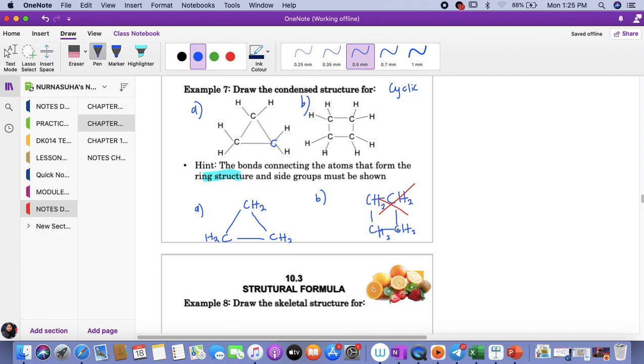Nampak tak? Hidrogen dengan carbon. So, sebenarnya this bond is between this carbon and this carbon. So, that is why for cyclic, I will draw it like this, H2C, because I want to show the bond is actually between carbon and carbon, not hydrogen and carbon.